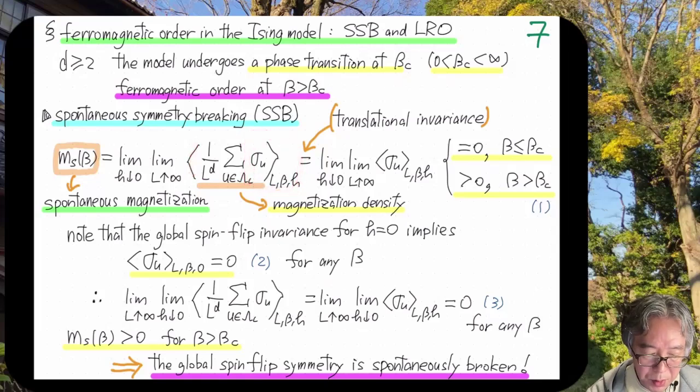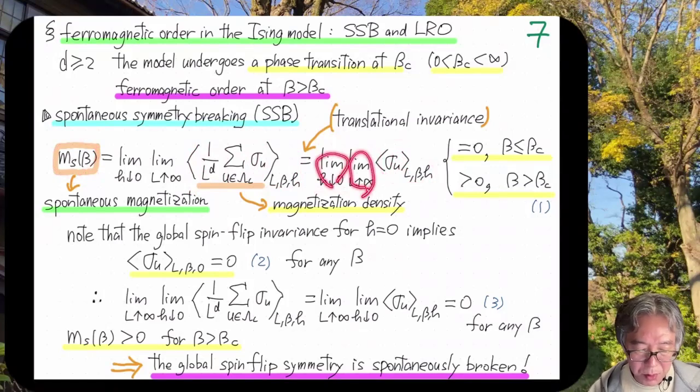So instead of summing over everything and dividing, you can just pick an arbitrary u, and the expectation values are the same. Of course, the fluctuations are different, but the expectation values are the same. So you can also define this spontaneous magnetization this way: you pick an arbitrary u, take the expectation value of sigma u, then the infinite volume limit and the h goes to 0 limit.